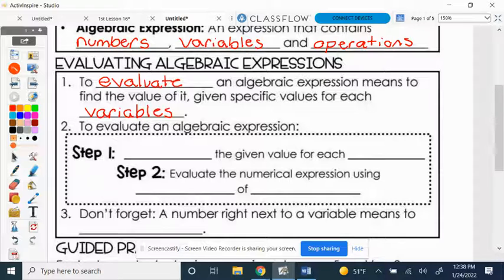You writing this down? Okay. There are two simple steps. The first step is to substitute the given value for each variable.